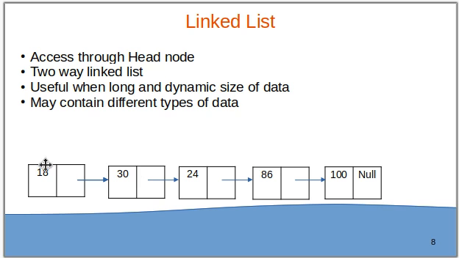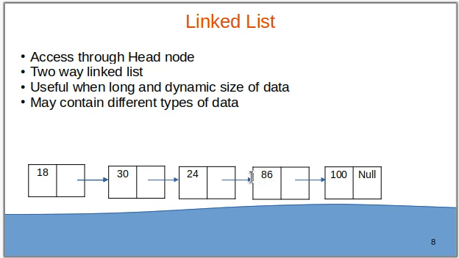First we have to go through this node, then we get the address of the next node, then we can access the data of the next node, and then we again find the address of the next node and we can access the data, and then we find the address of the next node, and then we access the data.